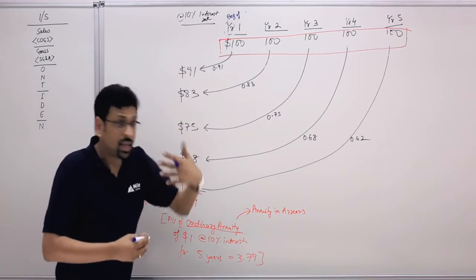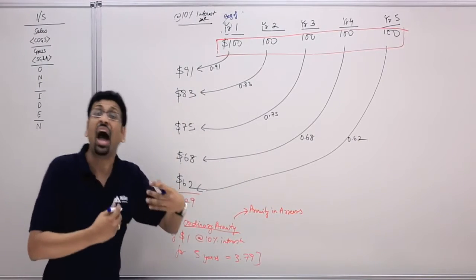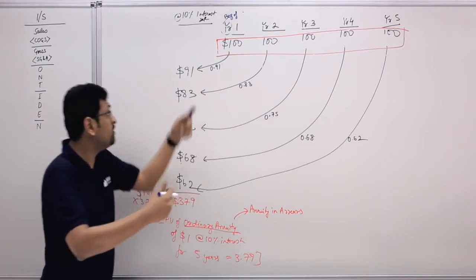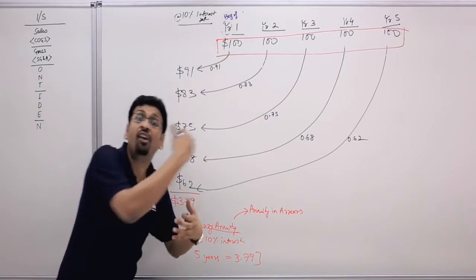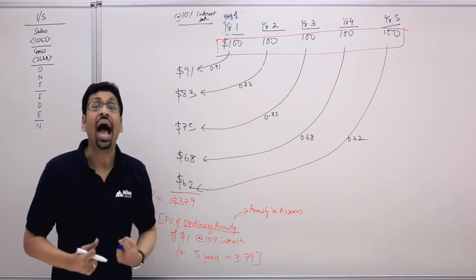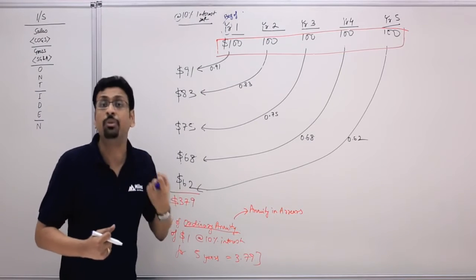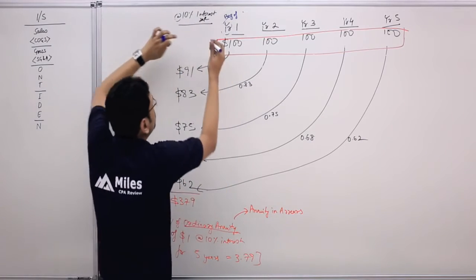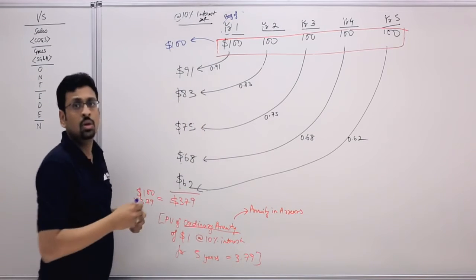Because in the case of an ordinary annuity in arrears, we were looking at this $100 coming in after year 1. Or rather, when we did the present value, 0.91, we looked at this $100 coming in after year 1. Now, we're talking about a different annuity. Annuity due or annuity in advance, where money is coming in at the beginning of the period. So if it is coming at the beginning of the period, this $100 is worth $100.